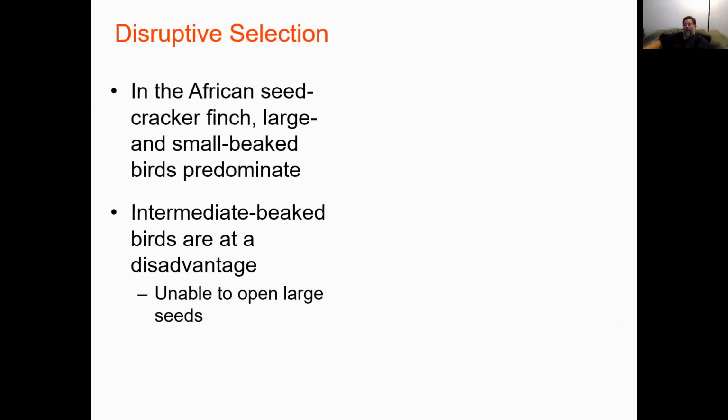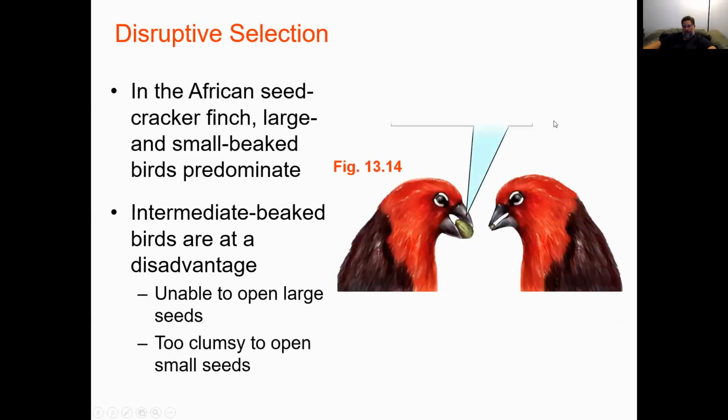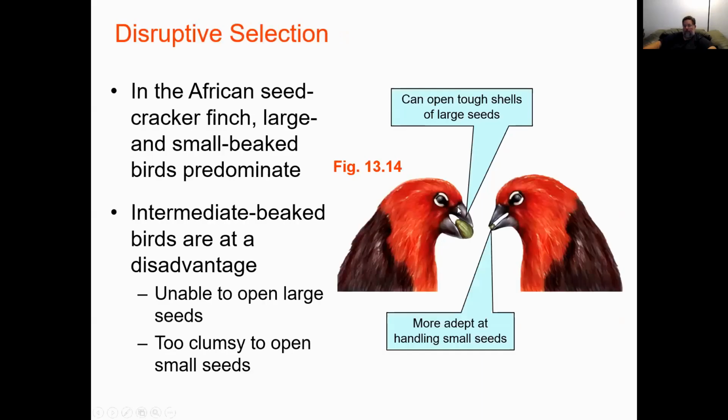Now, disruptive selection, again, is choosing extremes. So here is an example of African seed cracker finches. In this case, the extremes are being selected. The middle-sized beaks are being selected against.